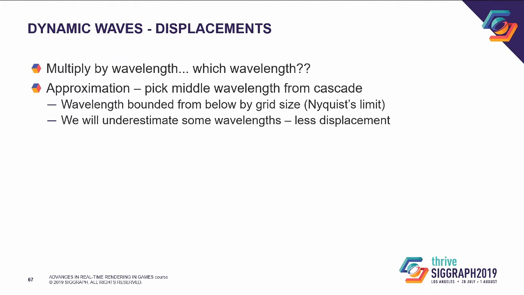We know that the wavelengths in the sim are bounded from below by Nyquist's limit, so we know how much smaller the wavelengths might be than our approximation. On the other hand, the wavelengths may be much larger than our value. In this case, our wavelength multiplier will be too small, and our displacement will be underestimated. This is a graceful way for the approximation to break down.